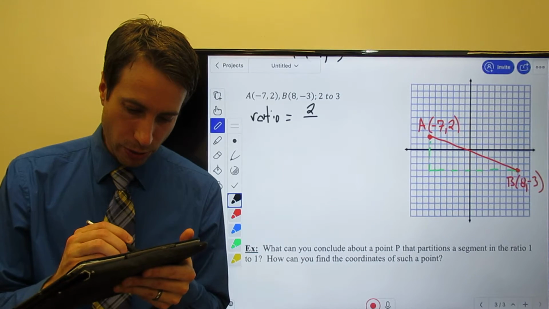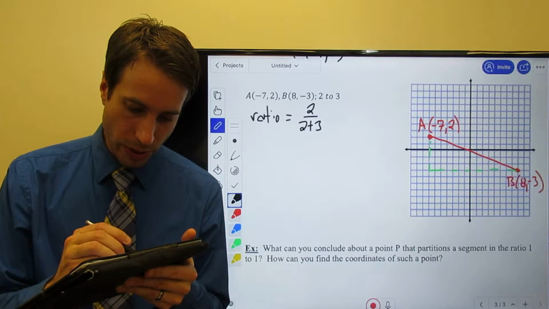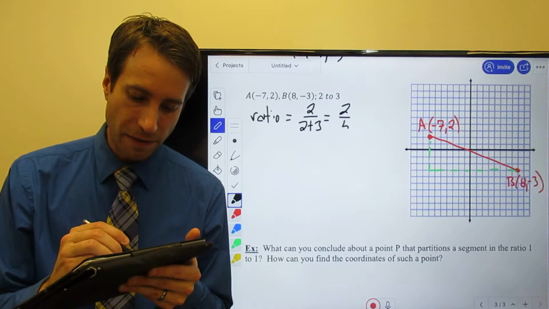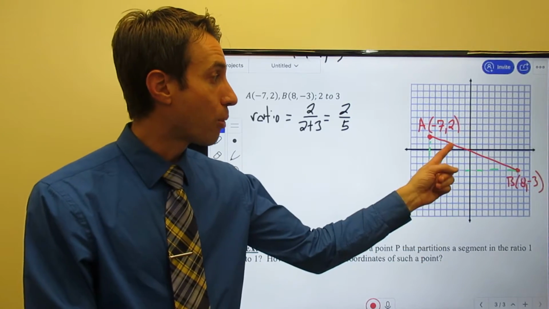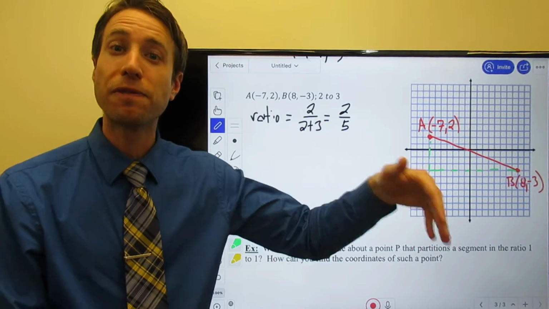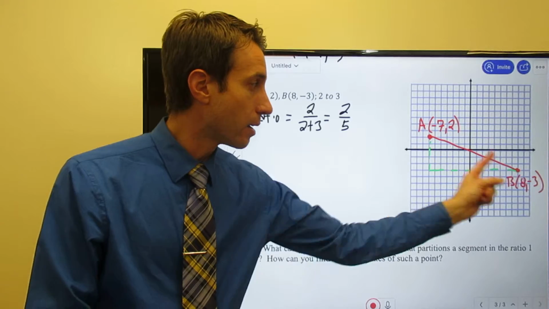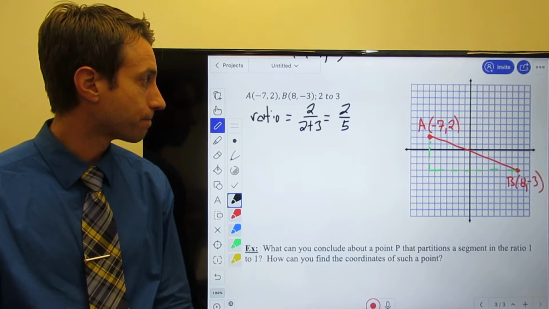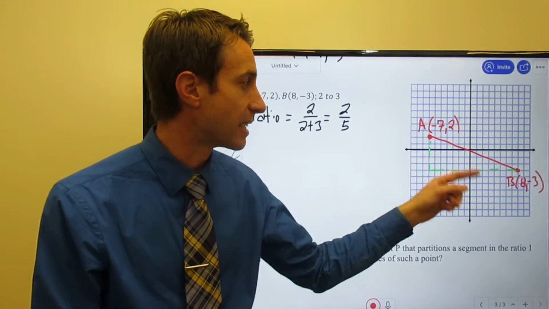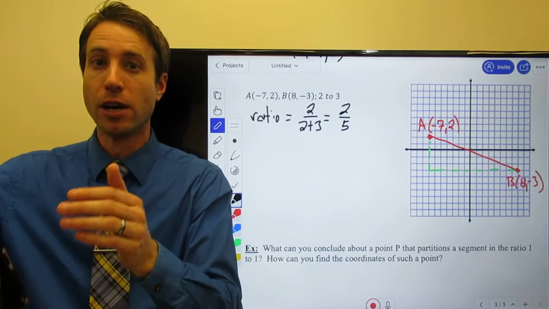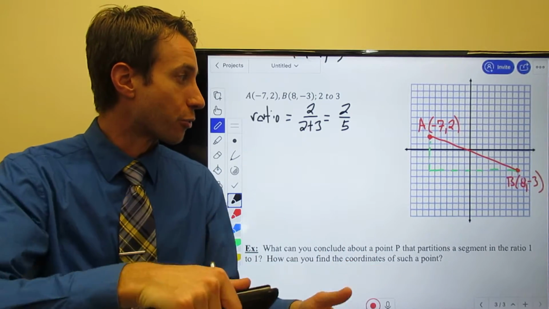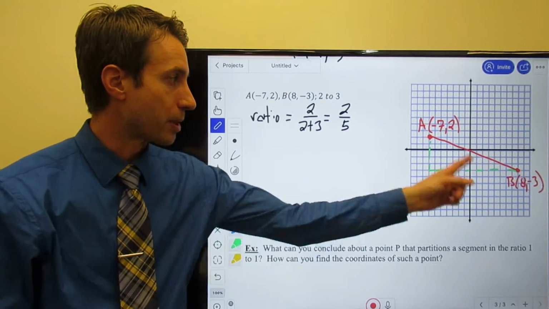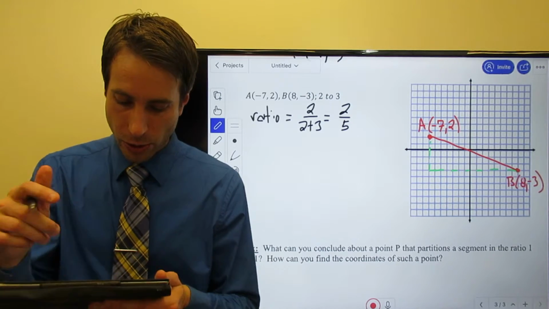It's going to be 2 over 2 plus 3. So how about 2/5? I want to find a point P that is 2/5 of the way across the line, or we divide this line segment into a ratio of 2 to 3, or 2/5. Point P will be 2/5 of the way. So here we go.